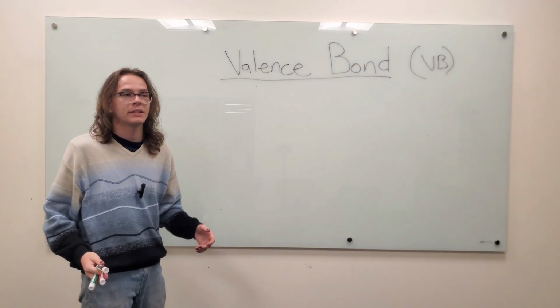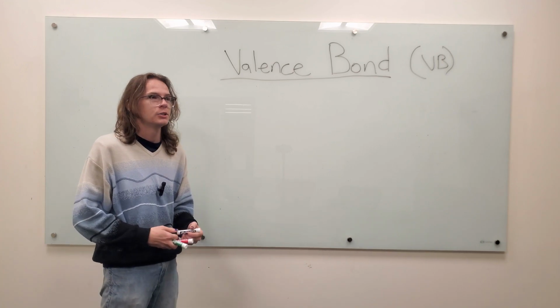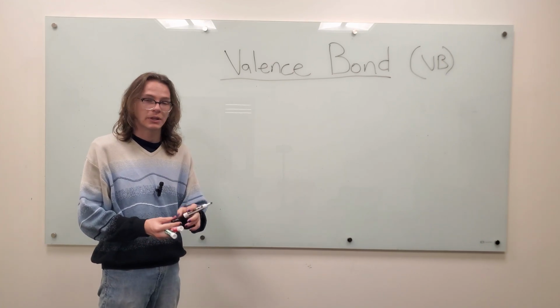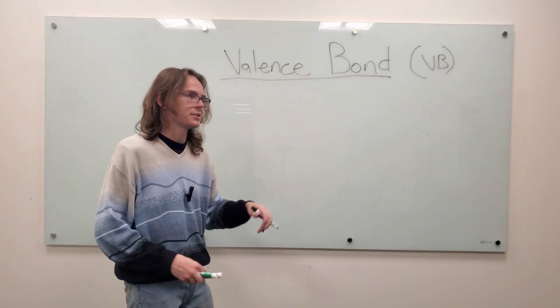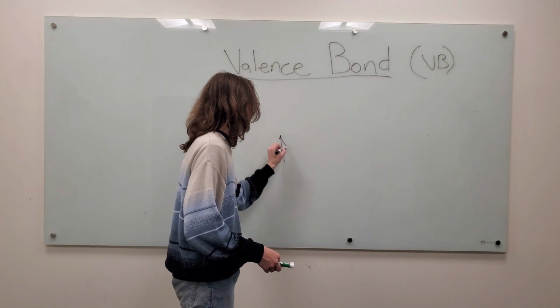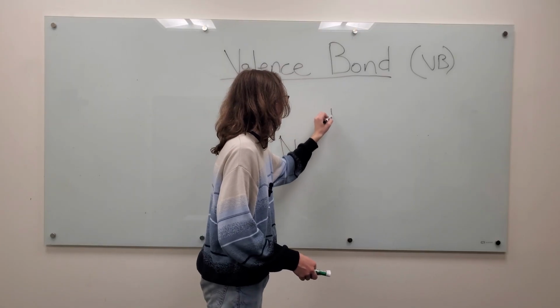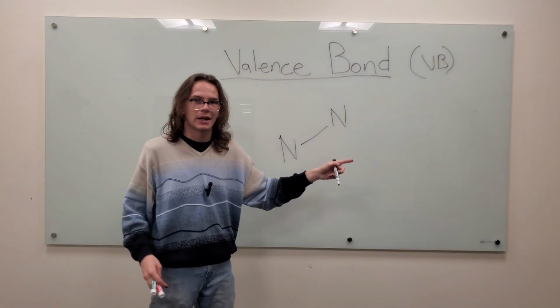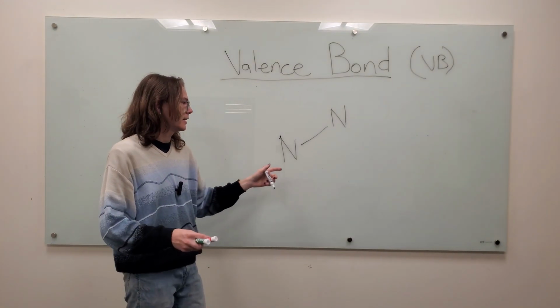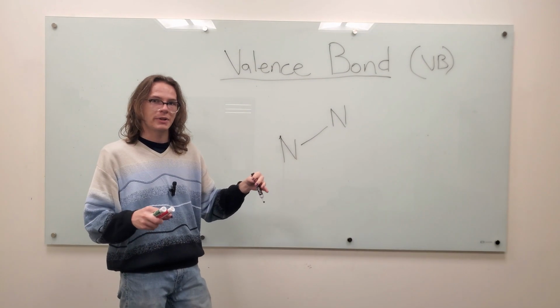Now we can also extend this to triple bonds. For example, if we take molecular nitrogen, which has a triple bond, I'm going to try to draw this in 3D, so bear with me. We've got our nitrogens here, and I'll just draw the sigma bond as a line. We understand that this sigma bond is sp hybridized.